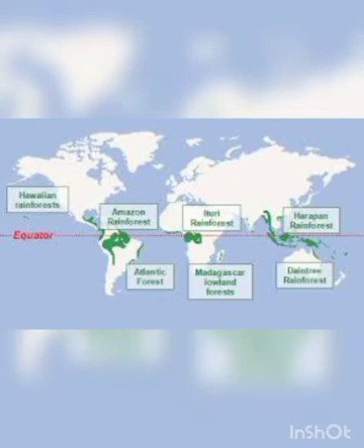From this torrid zone, two regions are there: equatorial regions and tropical regions. Equatorial regions means areas between 10 degree north and 10 degree south.